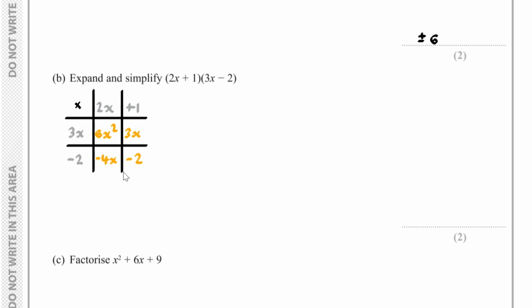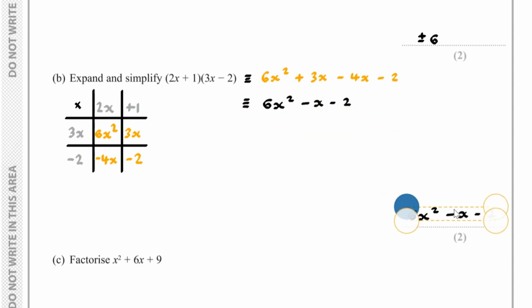So what we have in total then is 6x squared plus 3x minus 4x minus 2. And if I simplify this, I will end up with 6x squared minus x minus 2. So we have this as our answer.